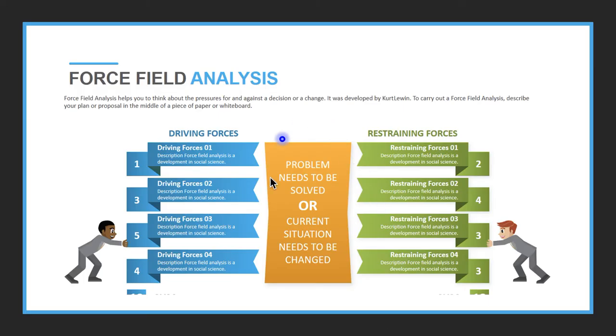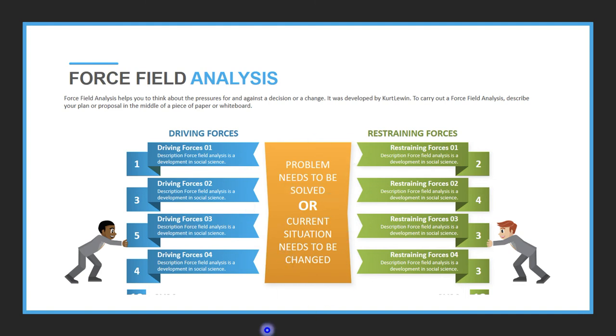So if you have that kind of solution or what current situation needs to be changed or the future state that we are proposing, you should provide here the cons to that solution or the future state of the situation.